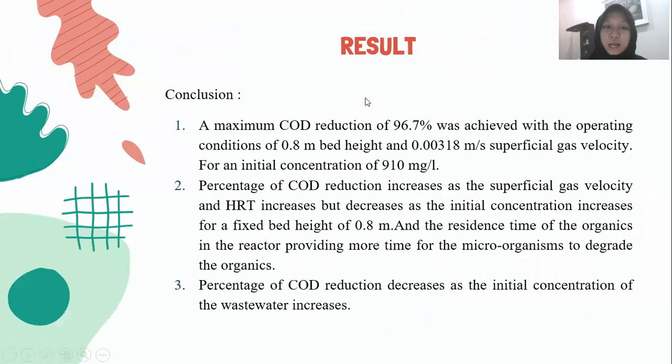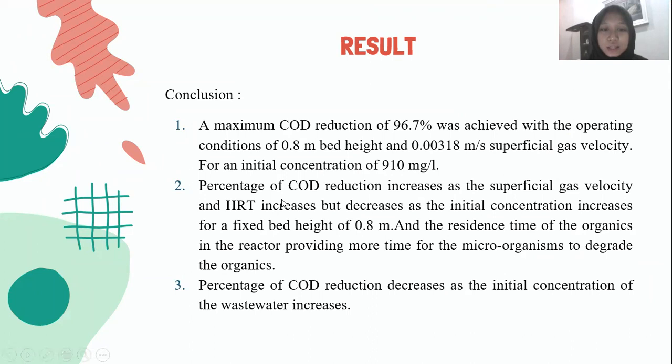And the conclusion. Number 1, a maximum COD reduction of 96.7% was achieved with the operating conditions of 0.8 meter bed height and 0.003018 meter per second superficial gas velocity for an initial concentration of 910 milligram per liter.